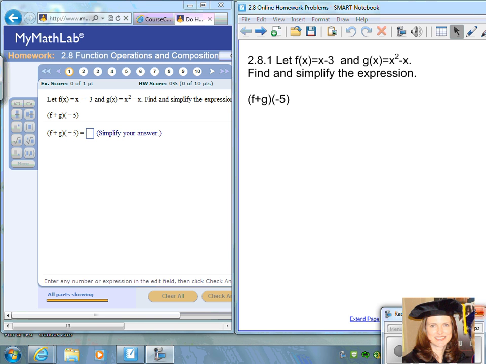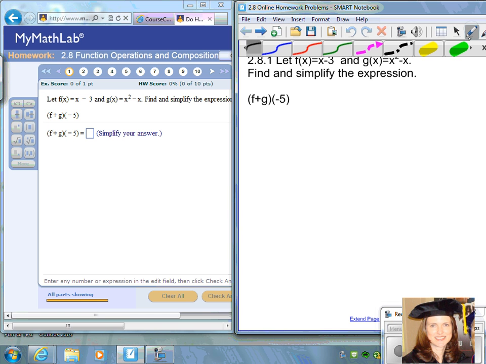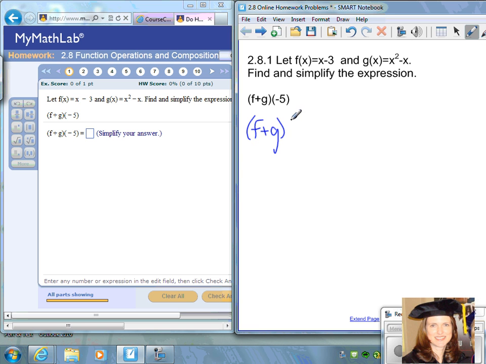I'll show you. One way is to first combine the functions, find f plus g of x, where you are simply taking the f of x function and adding the g of x function.